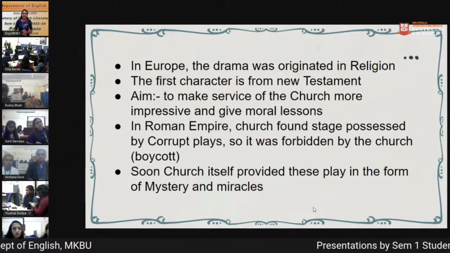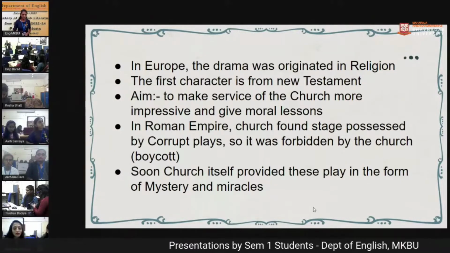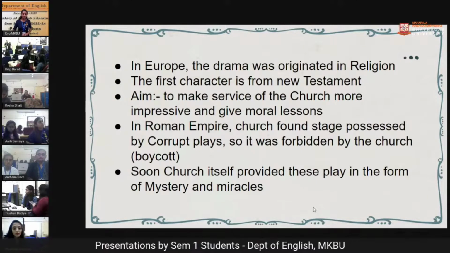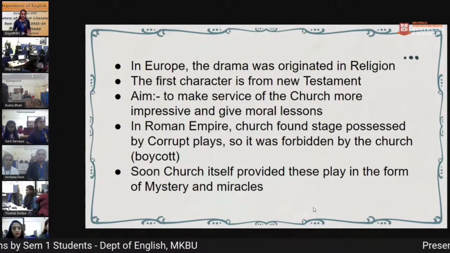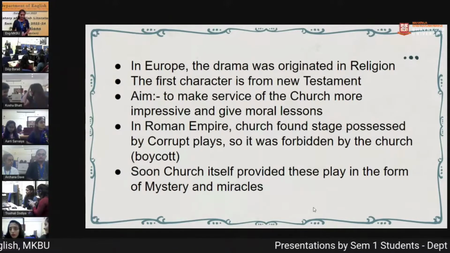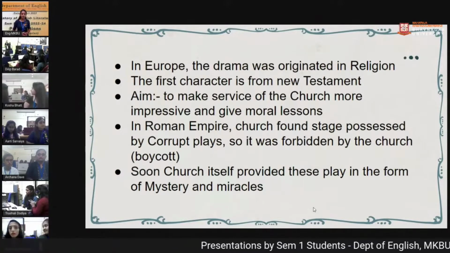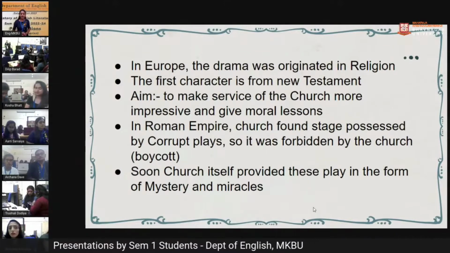The first characters are from the New Testament of Christianity, and its major aim was to make the service of the church more impressive, and through these plays, to give moral lessons. In the Roman Empire, the church found the stage possessed by corrupt plays, so it was forbidden by the church.